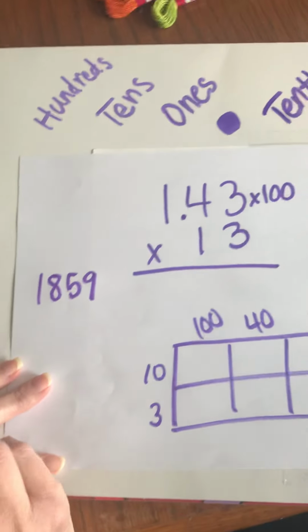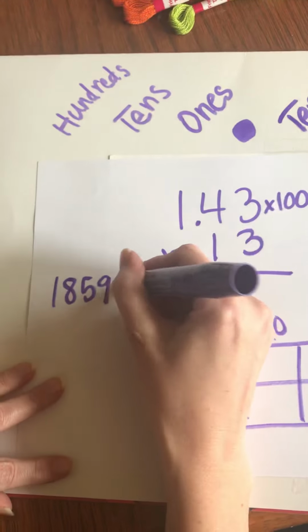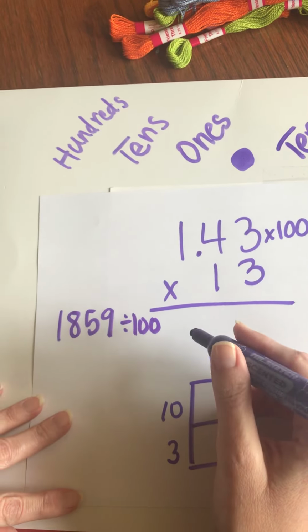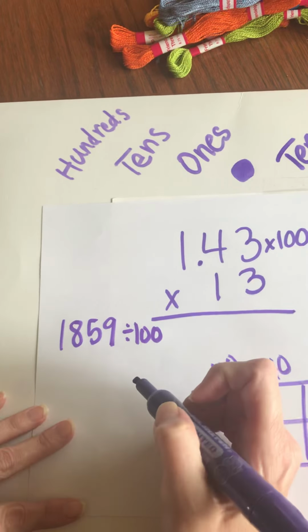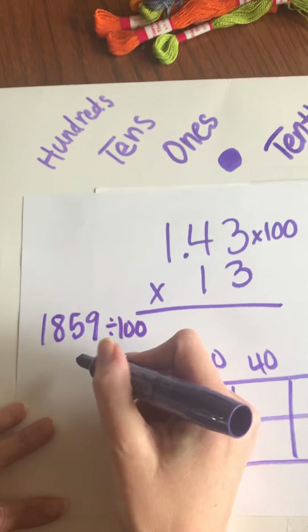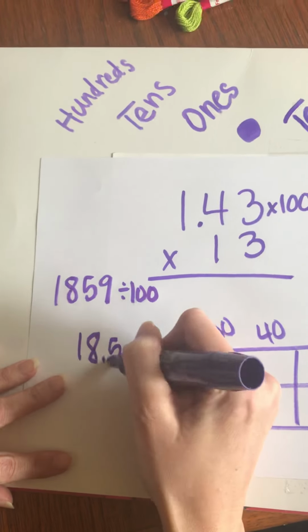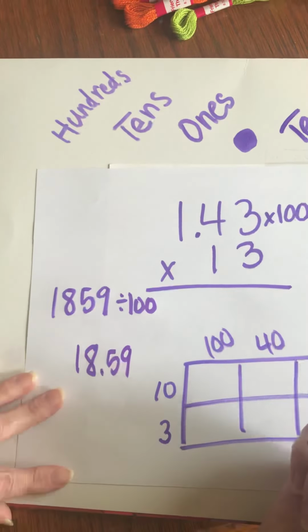And I'm going to shift everything, since I'm going to divide by 100, I'm going to shift everything to the right. So that's making it 1/100th of the size. So when I do that, I end up getting 18 and 59/100ths when everything is shifted to the right.